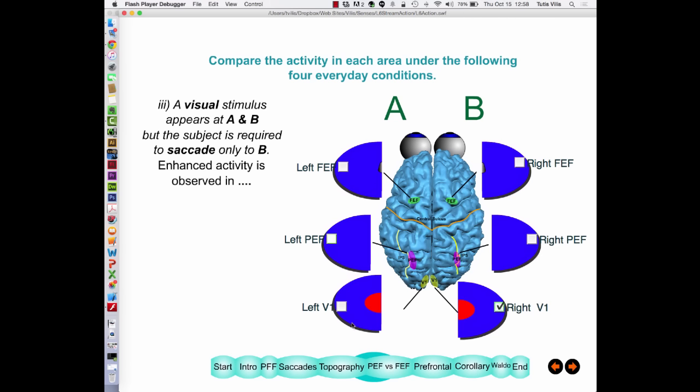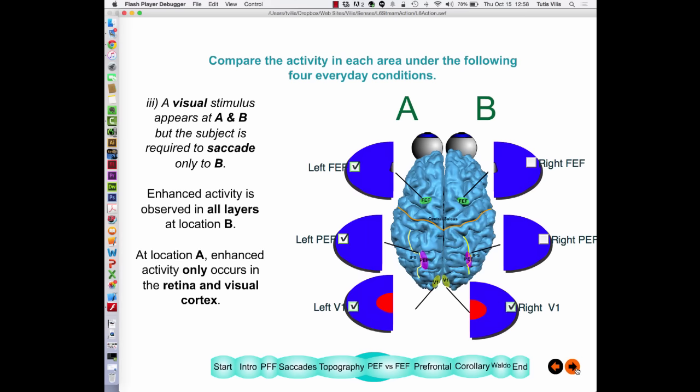Okay, hit the table if you think it'll be in the left V1. What about the right PF? Nope. What about the left PF? Good. Right frontal eye field? Left frontal eye field. I pressed too early, anticipating what you'd say. And you're right. That's exactly where activity would appear. And then you'd make a saccade to B.